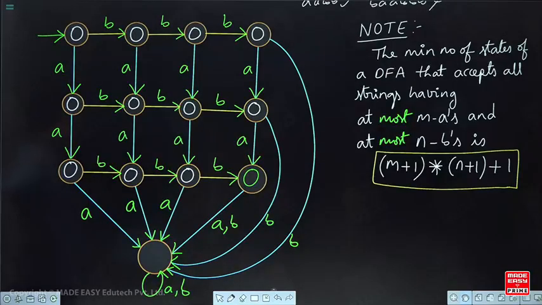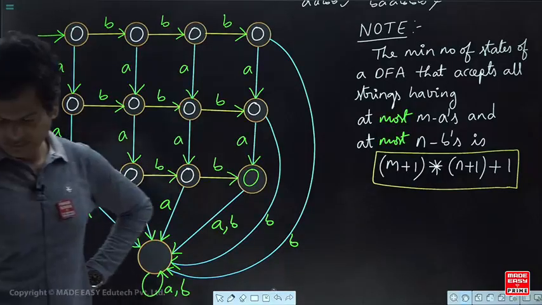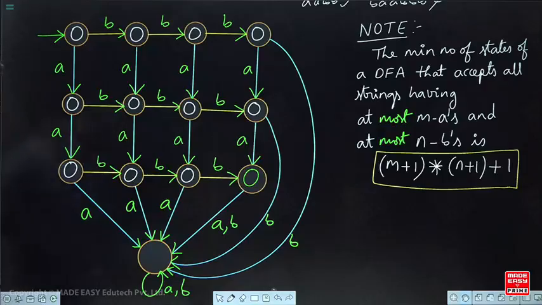So now also 13 states only. Priya Mukherjee, it's not 14. Copied?